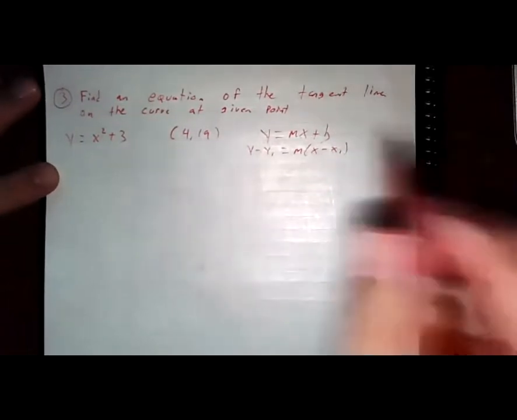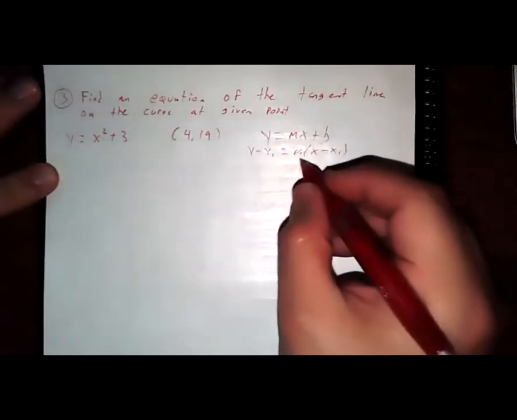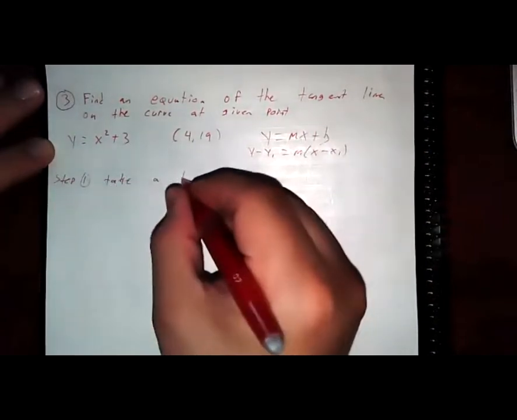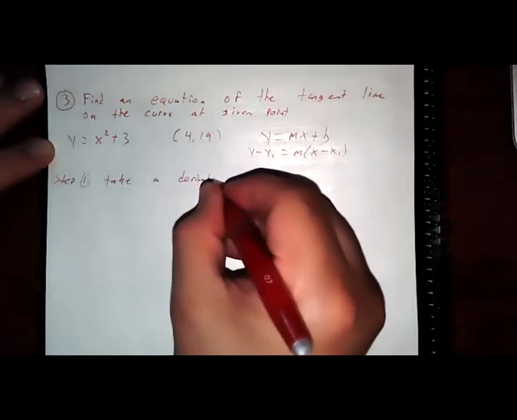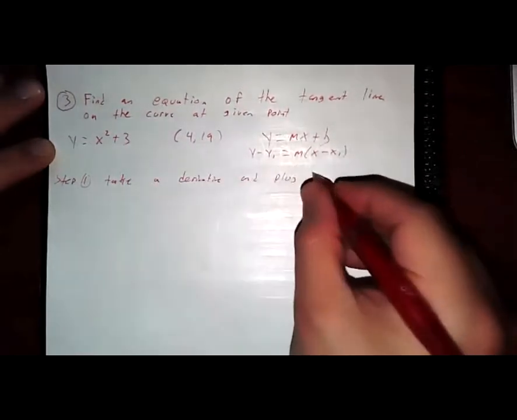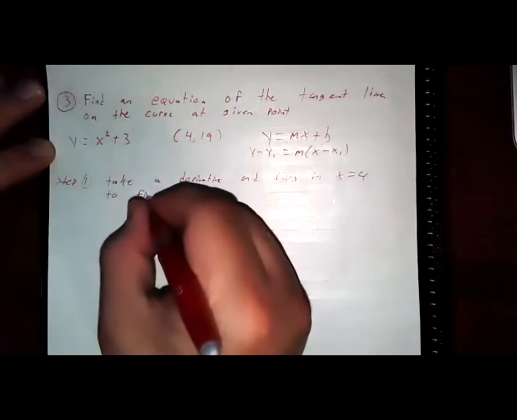Just remember that the m is given by the derivative. So step 1, take a derivative and plug in x equals 4 to find the slope.